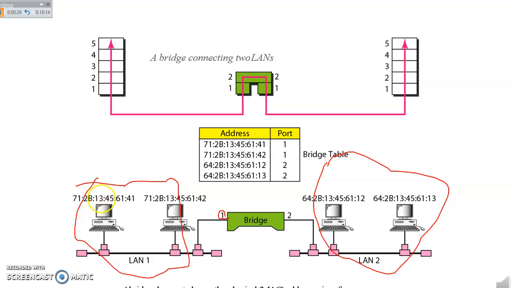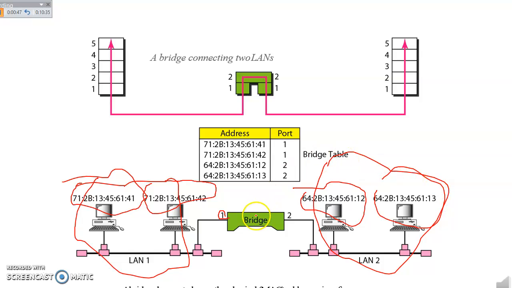For LAN number 1, this is the physical or MAC address of system number 1, and the MAC address of the second system. And here are the MAC addresses of the first and second systems of LAN number 2. The bridge maintains this table, storing the MAC address and port number.